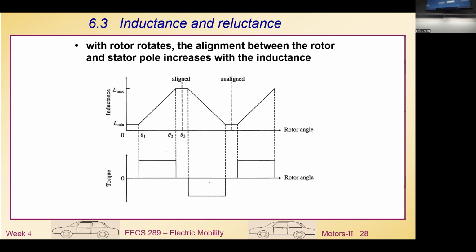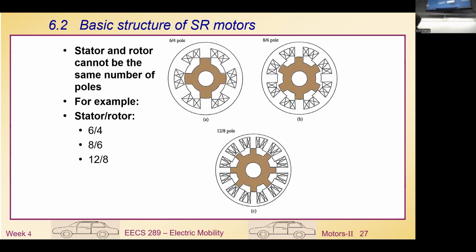The way the inductance changes is highly related to the torque of the motor. Later on, we will have the equation to show you that the torque is related to the changing rate of the inductance. So what we're trying to say here is this would become aligned. Here it will become not aligned, because this face is not facing the metal pole.